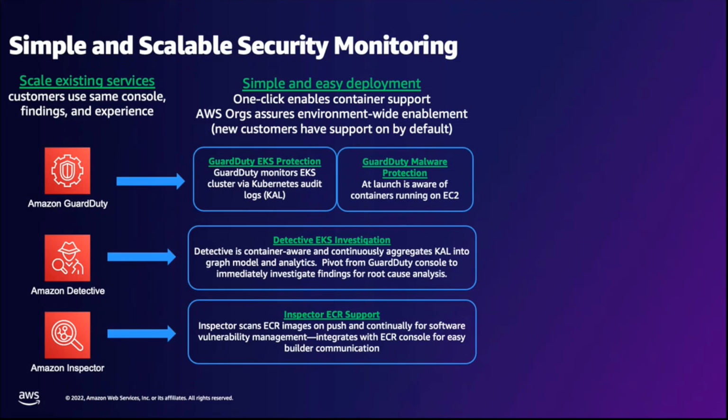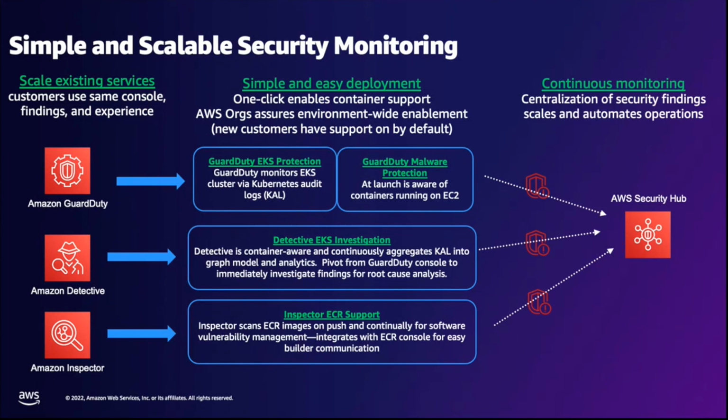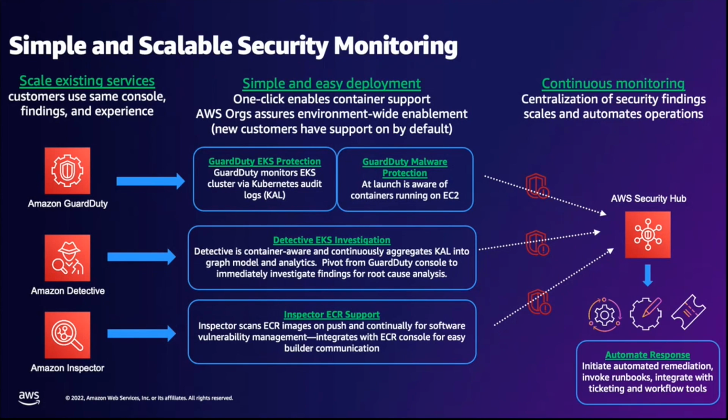We have Detective EKS investigation within Amazon Detective, and Amazon Inspector with ECR support. And everything may be used for continuous monitoring within Security Hub. And you may provide an automated response with existing and some third-party tools.